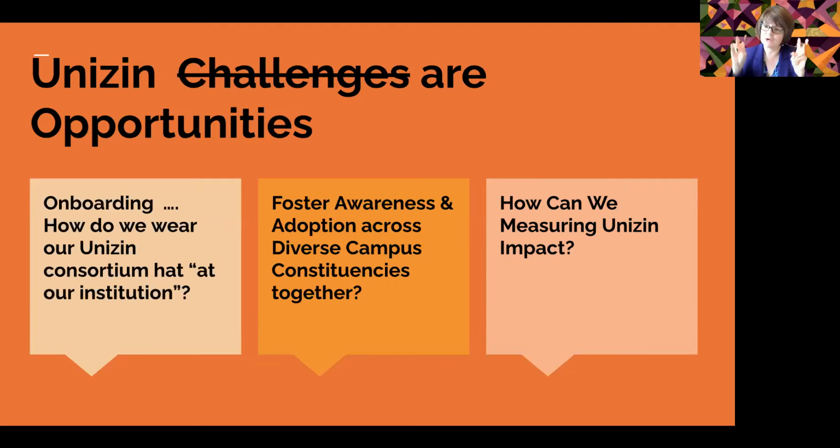You may not in your day job, if you will, necessarily interact with faculty, staff, students, advisors, institutional research, academic research, and whoever else I've missed. But your Unison consortium provides value to all of those groups. So communicating with the people who do, or those people, can be important.